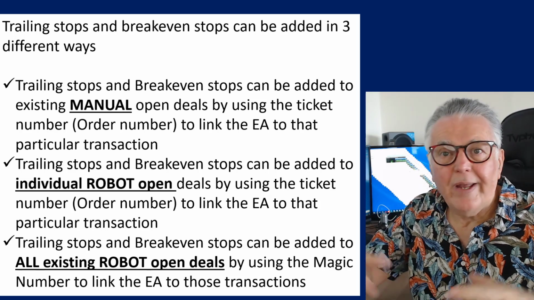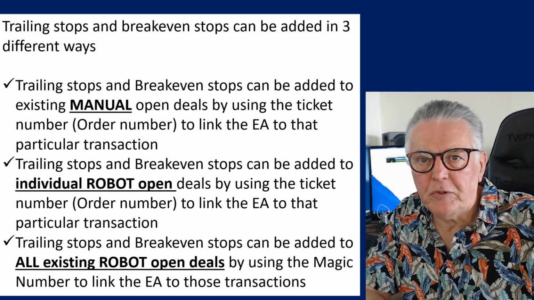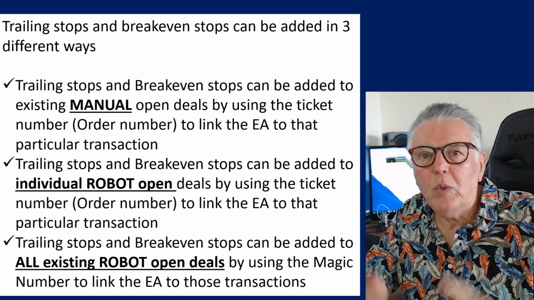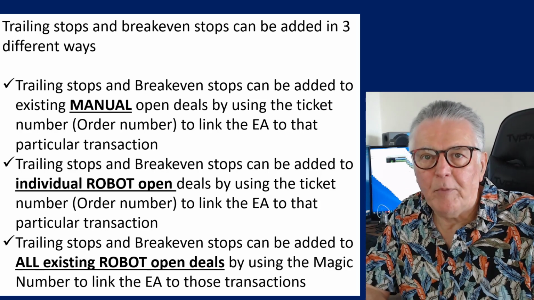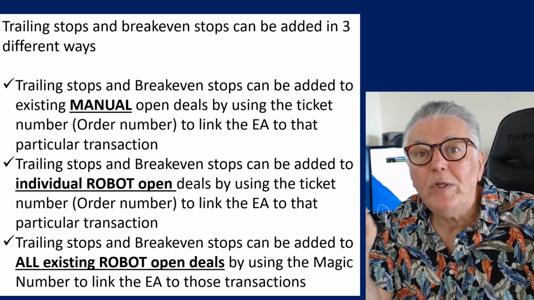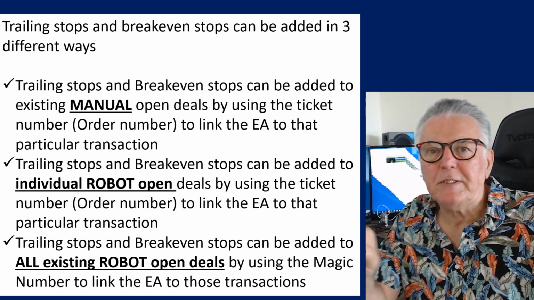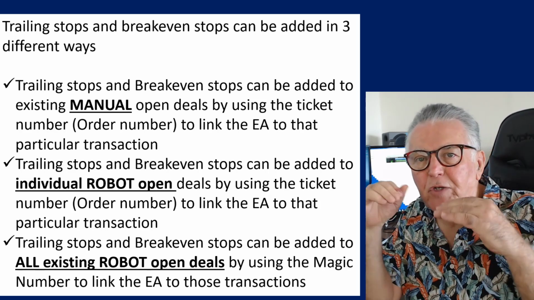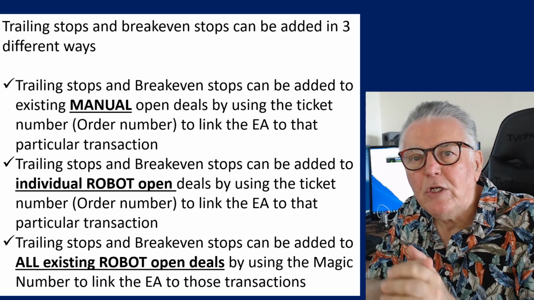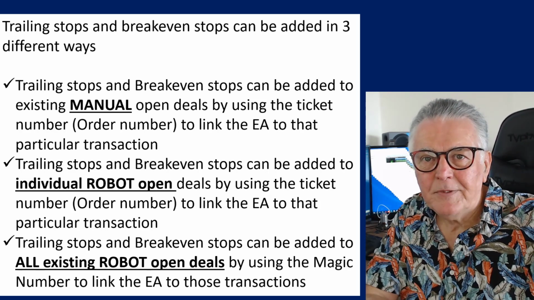Let's say you have 5 or even 10 open transactions at the same time. The tool will manage all of them at the same time. All you have to do is tell it which magic number is controlling those transactions, put the magic number in, and the trailing stops and break-even stops get added to those transactions automatically. Fantastic tool.